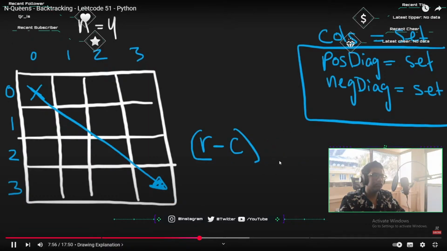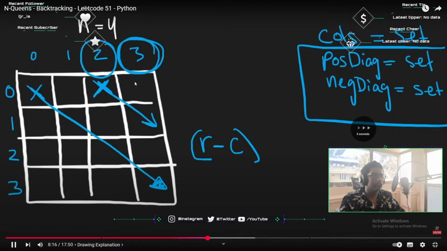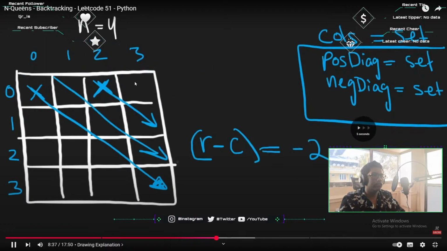Let's try it out on a different negative diagonal to see if our pattern holds. Let's start over here at a different position, row 0, column 2, and move along the negative diagonal.